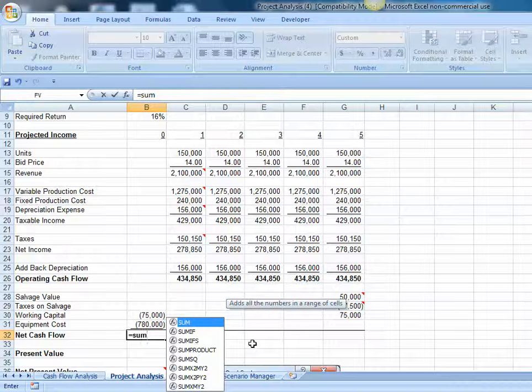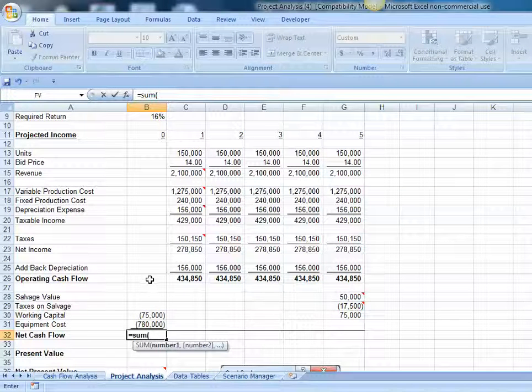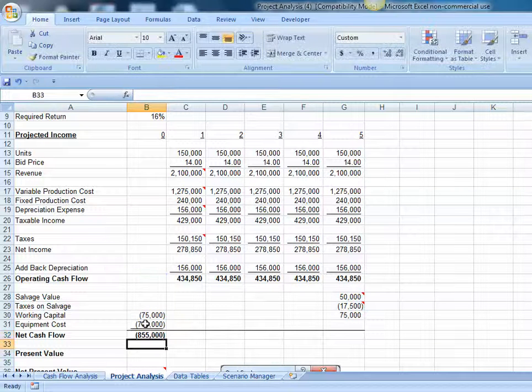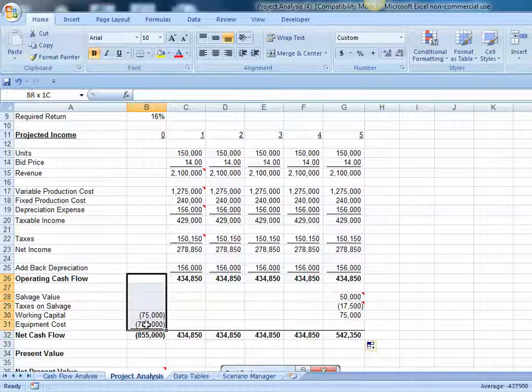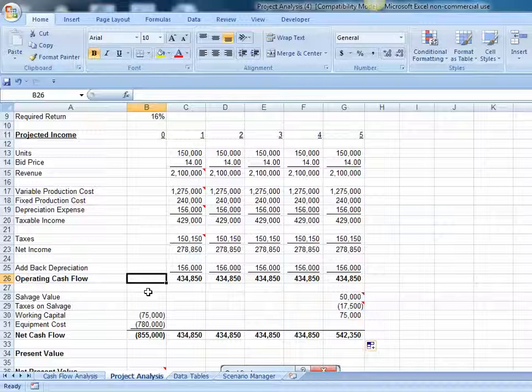Equals sum, and we're simply going to add up rows 26 through 31, and we can copy that across. Notice by adding cells 26 through 31, we had a formula that we could copy completely across, even though there weren't any cash flows at time 0 in rows 26.